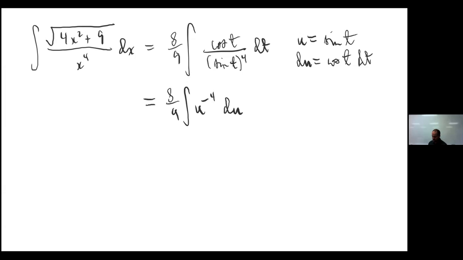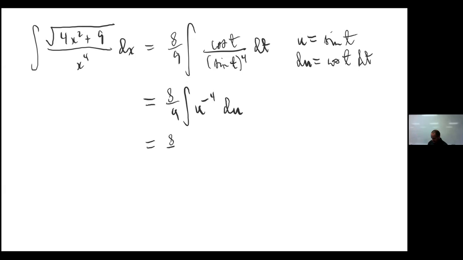And what is the antiderivative of u to the negative 4? Yeah, negative 1/3 u to the negative 3, exactly right. We have to add 1 to the power to do the antiderivative, and you have to divide by that power since it would come down in the derivative.